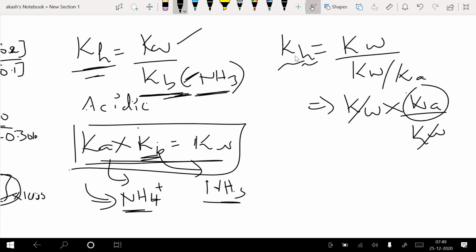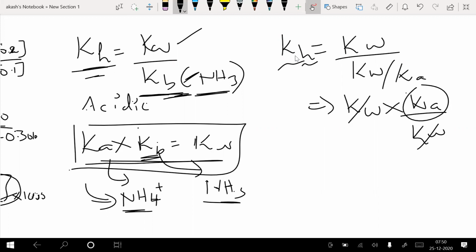That's a salt. So this question is from salt hydrolysis. I told you if only salt concentration is given, go for salt hydrolysis. If both salt and the acid or the base are given, then it will be a buffer solution problem.